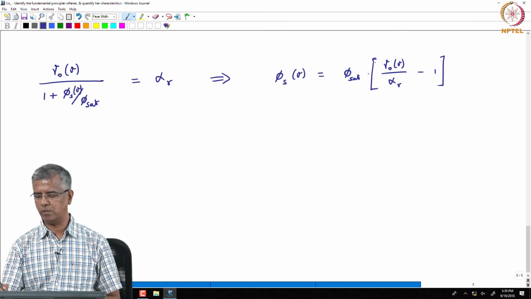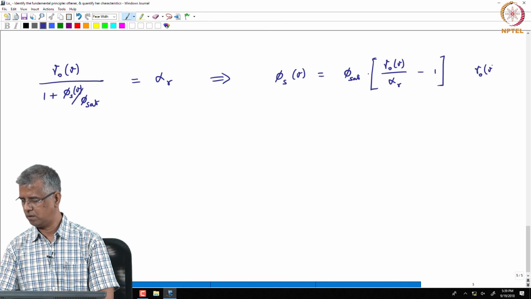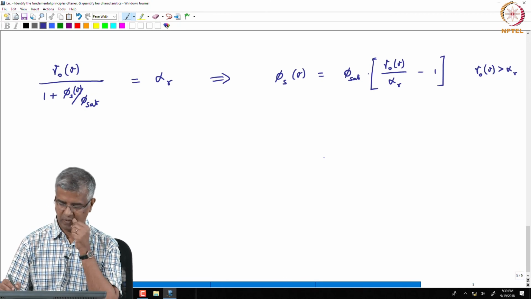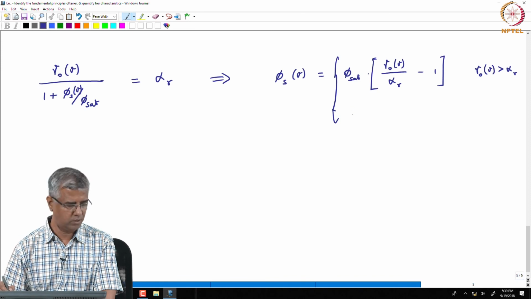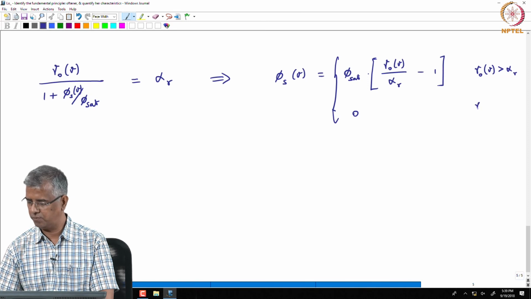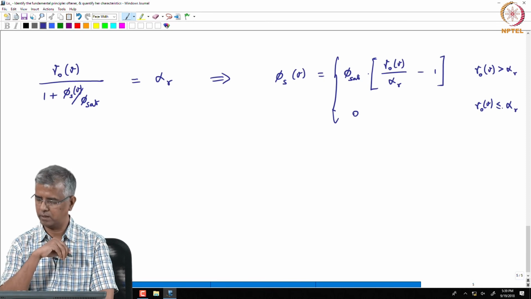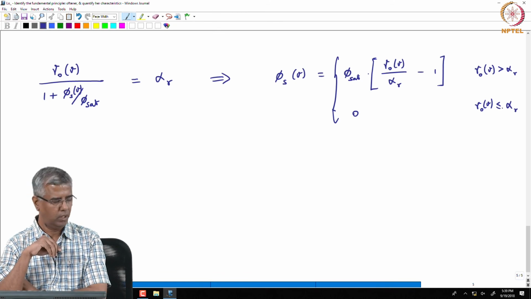Okay. But this is valid only when this small signal gain is greater than alpha r. Without that, what do you have? You essentially have 0 signal photons, if the small signal gain coefficient is less than or equal to the resonator loss coefficient. Okay.